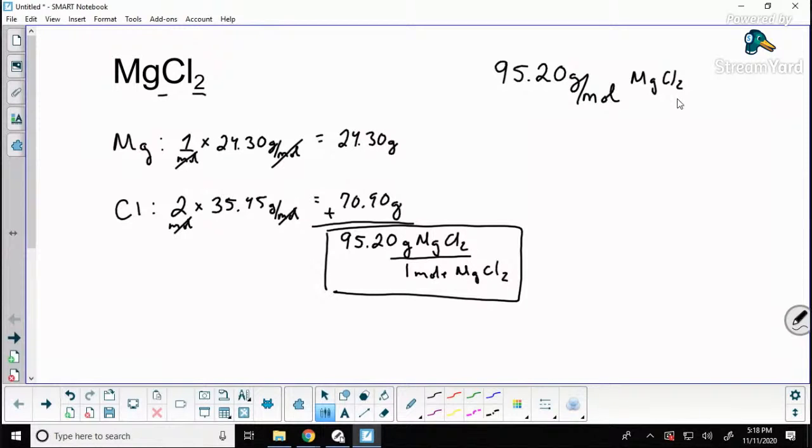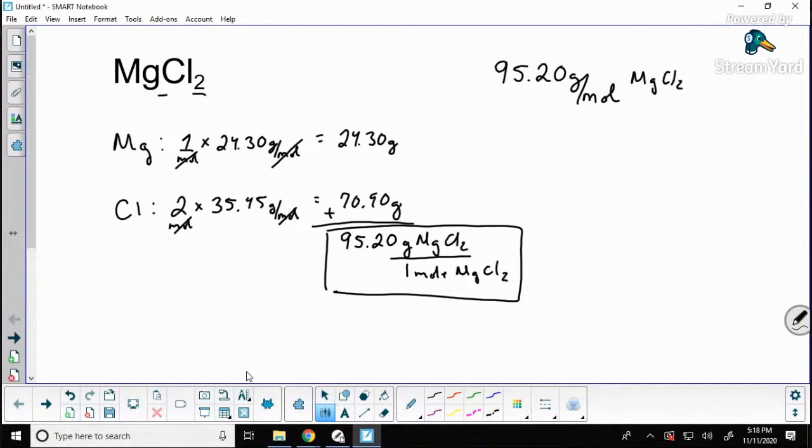If you remember from the previous video, if I have 1 mole of magnesium chloride, I would have 602 sextillion units of magnesium chloride. Where within that many units of magnesium chloride, I would have a specific number of magnesium atoms, and I would have a specific number of chlorine atoms.